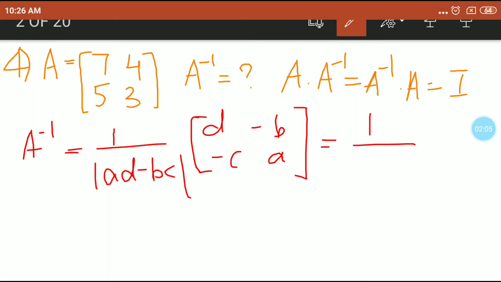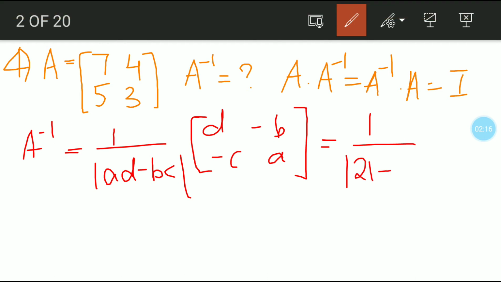AD means A into D. Here A is 7 and D is 3, so 7 into 3 is 21, minus BC, where B is 4 and C is 5, so 4 into 5 is 20. So 1 by (21 minus 20), and in the matrix, D is 3, minus B means minus 4, minus C is minus 5, and A is 7.